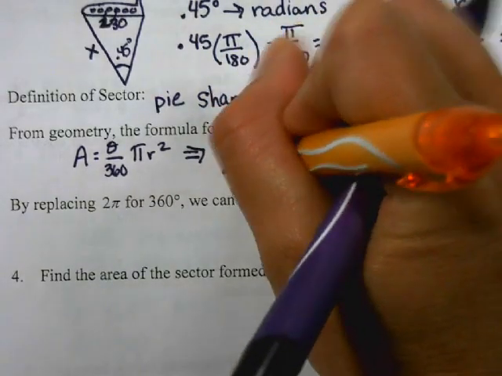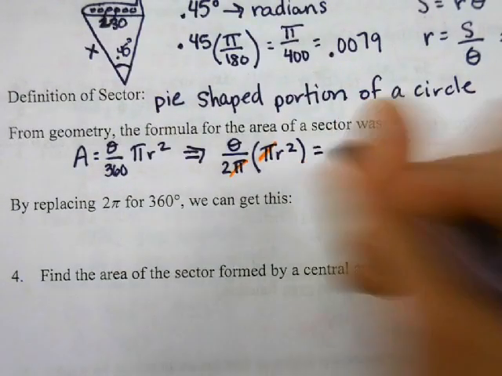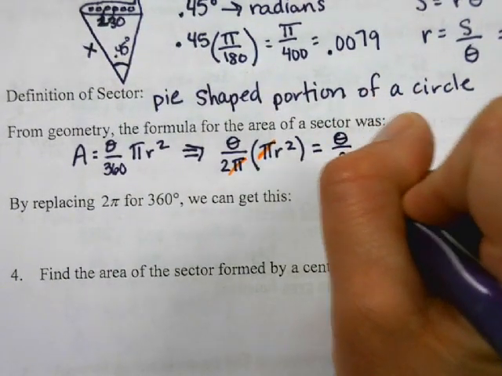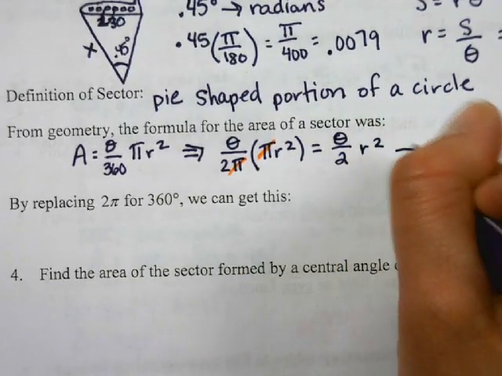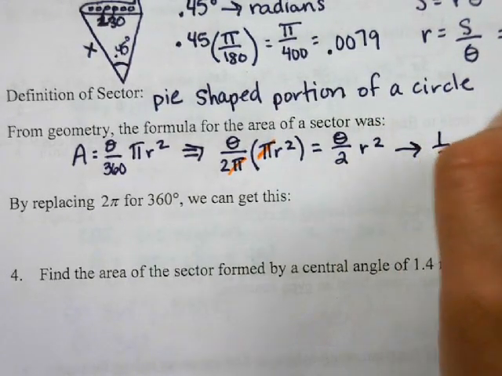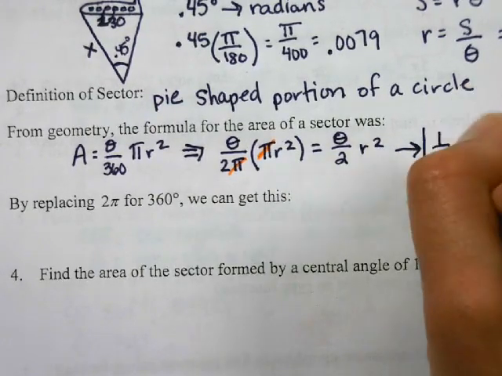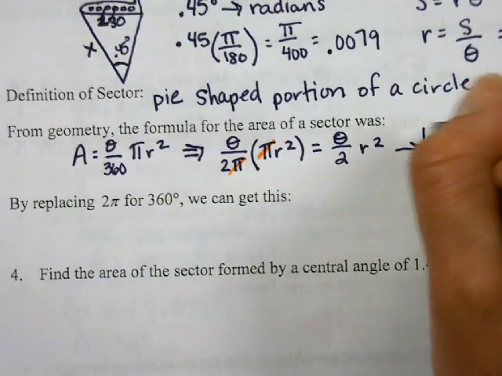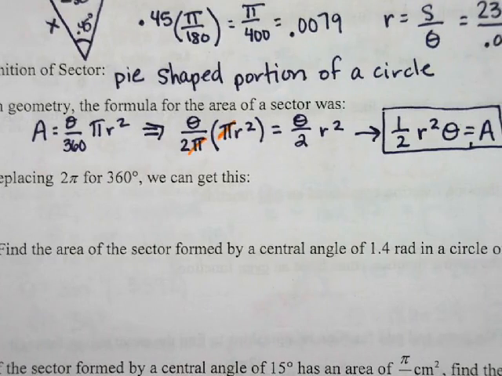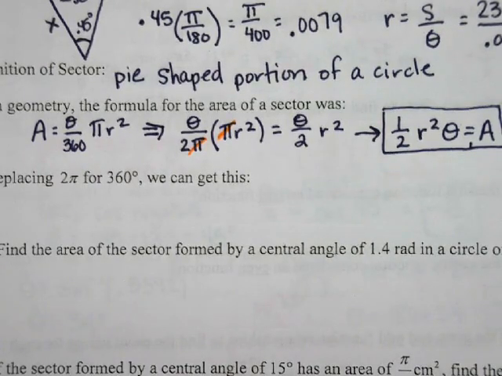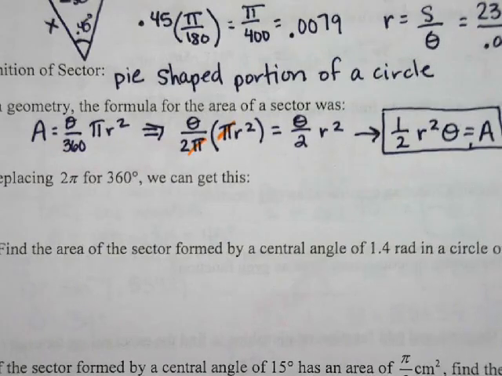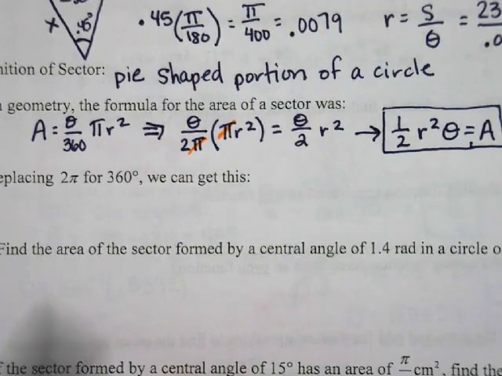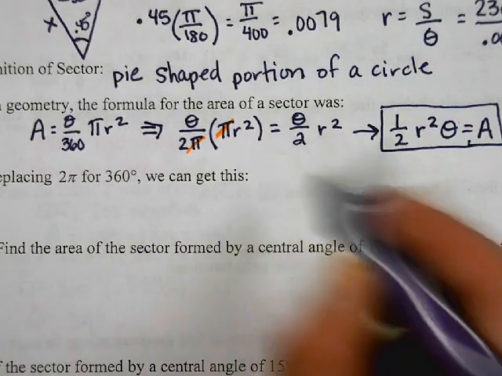You bet. Theta over 2 times r squared, and this is how I usually write it: 1/2 r squared theta. So if you're looking for the area of a sector, we get 1/2 r squared theta. Again, we're still in radians. We've got to keep with our radians going on here. By replacing 2 pi for 360, we can get this.